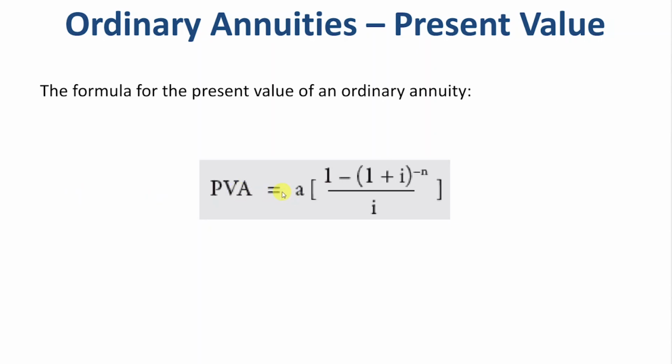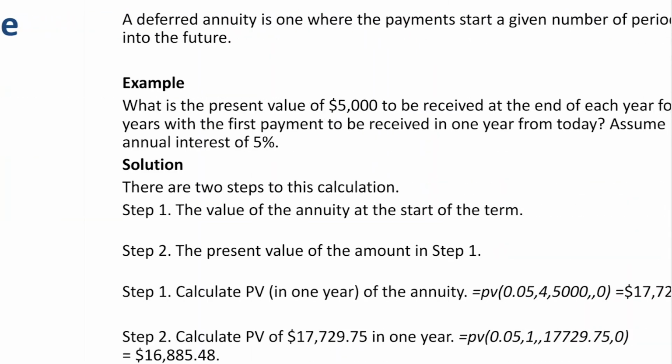You have a 5,000 annuity payment times 1 minus 1 plus 0.05, which is 1.05 because you have 5% interest, to the power of negative 4, for the 4 year period, divided by 0.05.